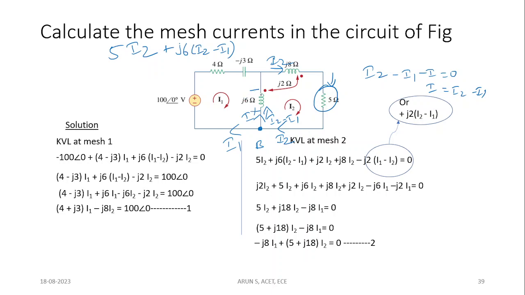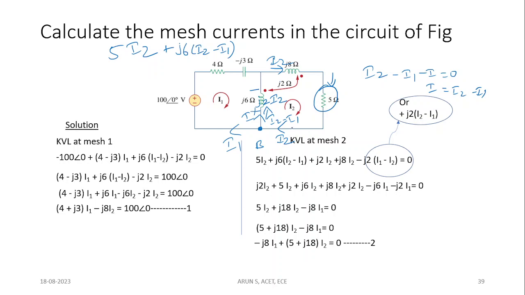Now consider the current direction of I2. I2 is entering positive, leaving negative. It is obeying the passive sign convention. So the generated voltage can be written as plus J2 times I2, because the generated voltage across this J6 depends on the I2 current entering through J8. So I need to consider the mutual inductance J2 multiplied by the current flowing through it.